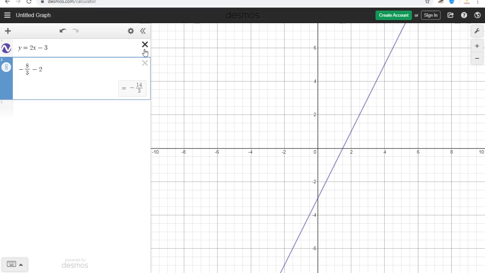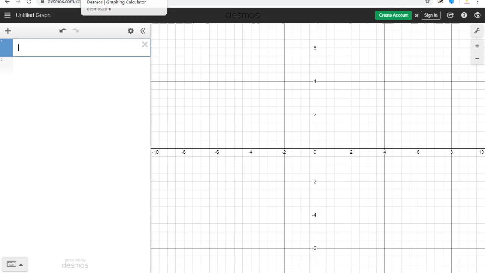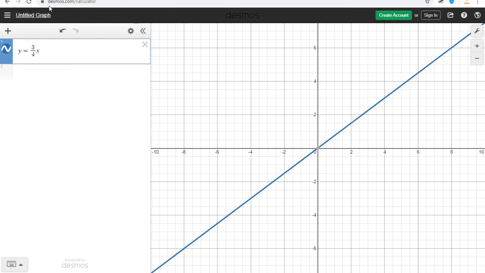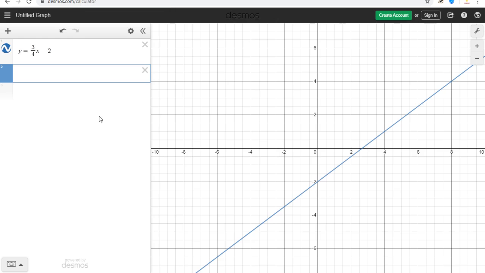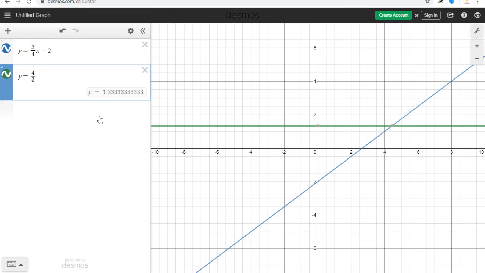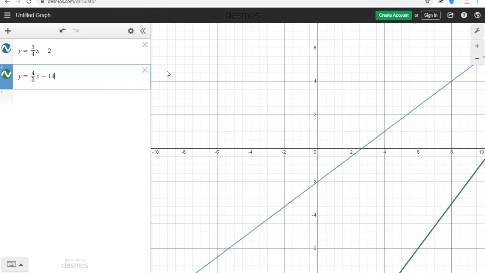Alright, so let's put this into our calculator here. Y equals 3 over 4 x minus 2. Then y equals 4 over 3 x minus 14 over 3.